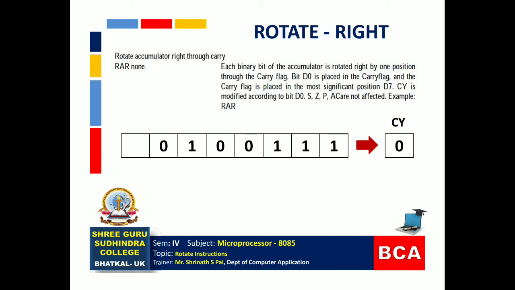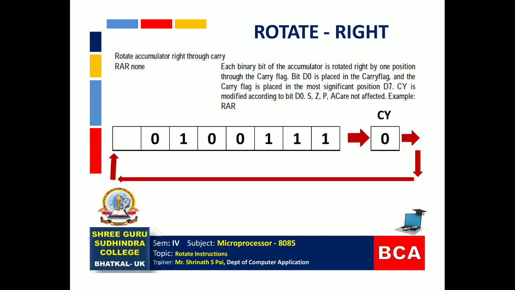The way we have moved bits towards left side through carry, similarly here we are moving the bits towards right side through carry. The content of accumulator is already shifted towards right side by one position. So on the left side, the last block is vacant. Something has to be kept there because we need one complete register. So connection is made in this particular style.